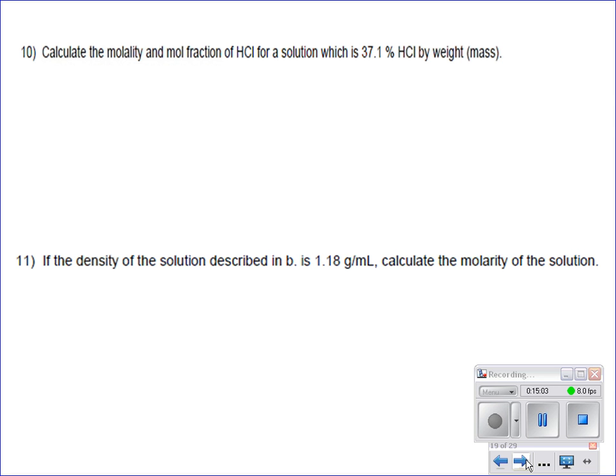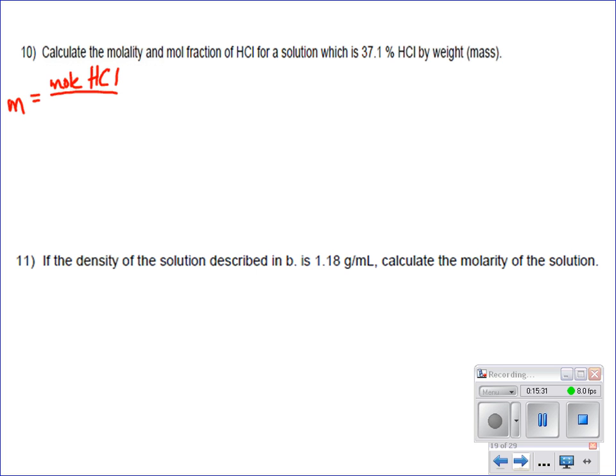Calculate the molality and mole fraction of HCl for a solution which is 37.1% HCl by weight, by mass. All right, so we want to calculate molality. When we're calculating molality, what are we getting? And I want specific moles of what over what? More specific than solute. What's the solute in this problem?